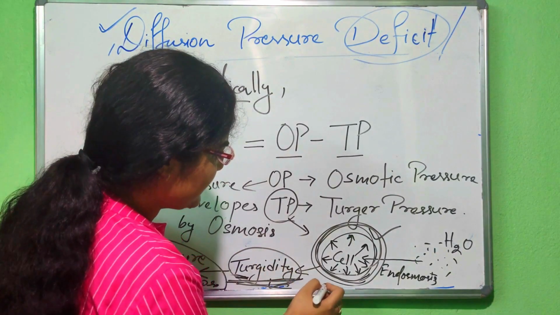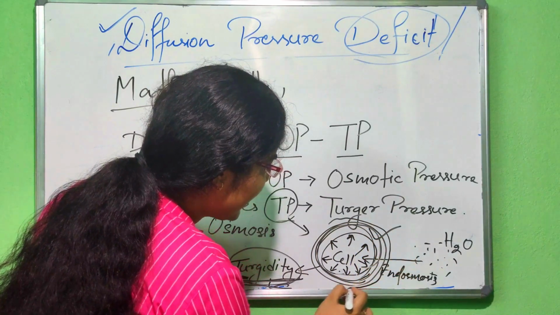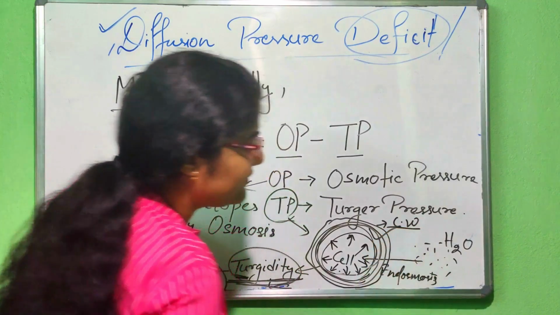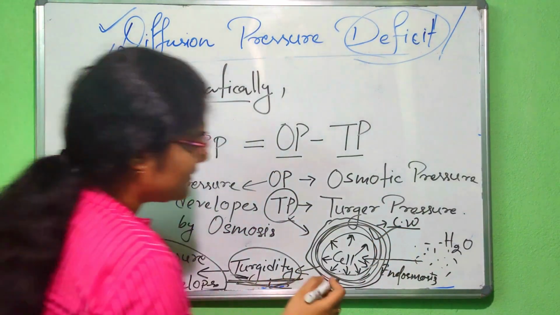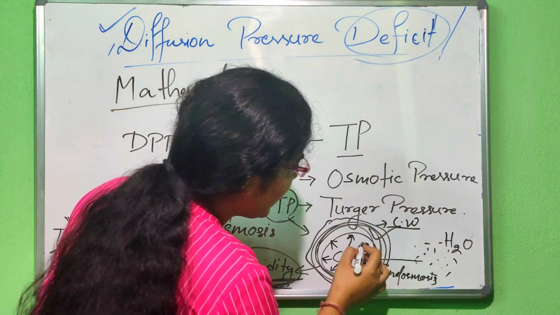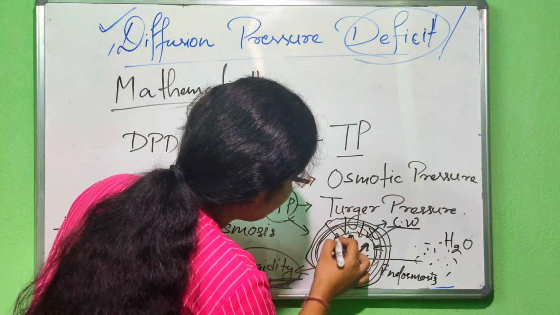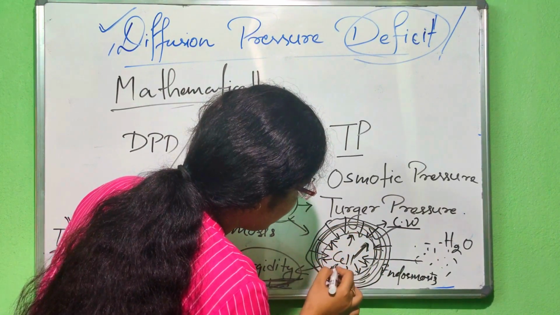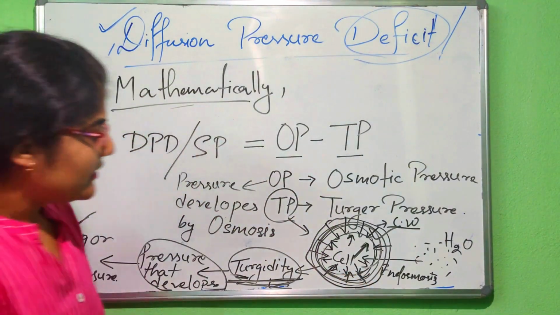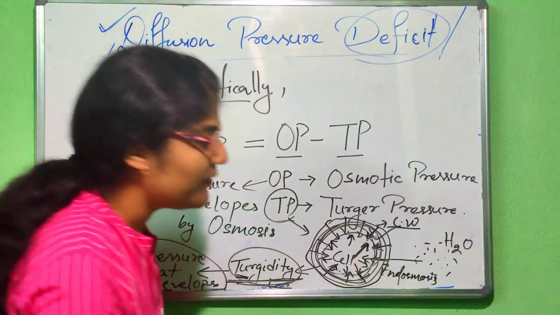Then another point is that if it is a cell, then it has a cell wall. It is the cell wall, I write CW. As the pressure moves from inside to outside, there is some pressure from the wall also occurring into the inside of the cell. See here, this is the pressure that develops from the wall of the cell.